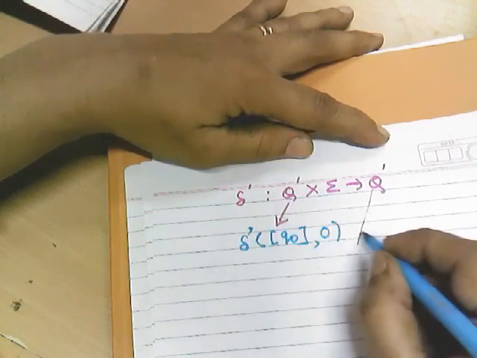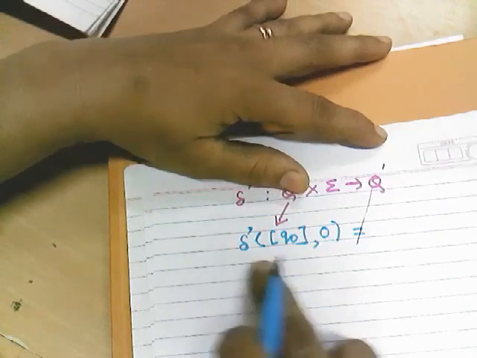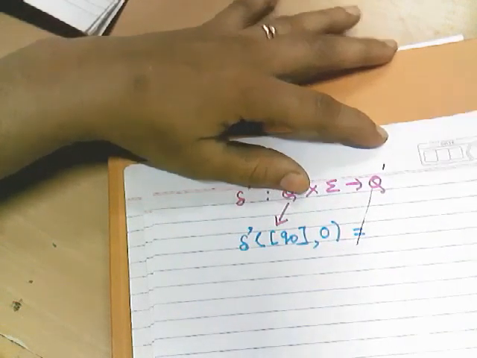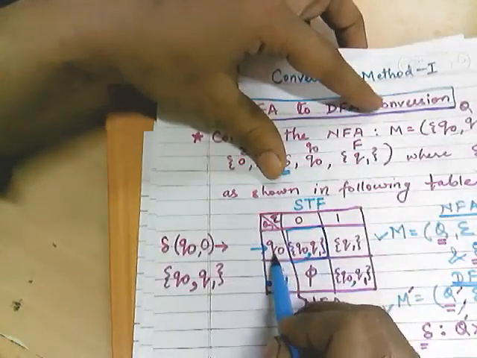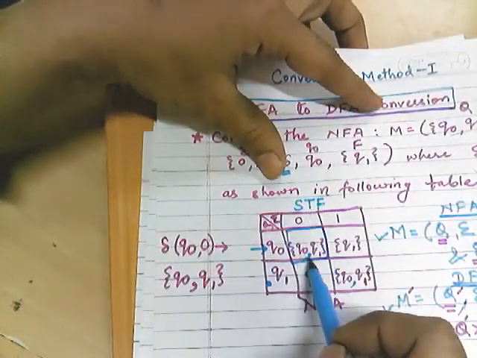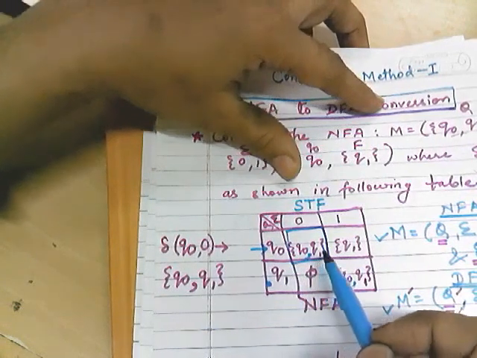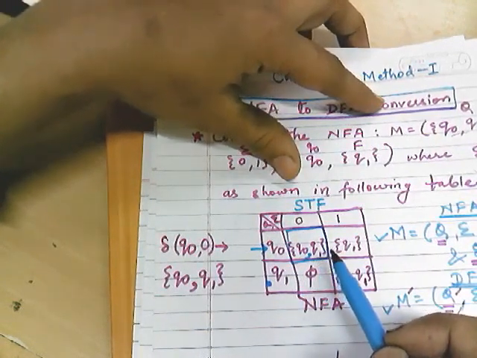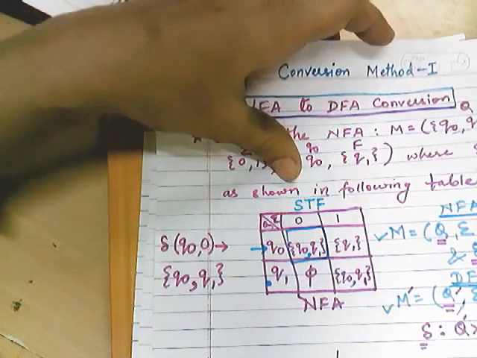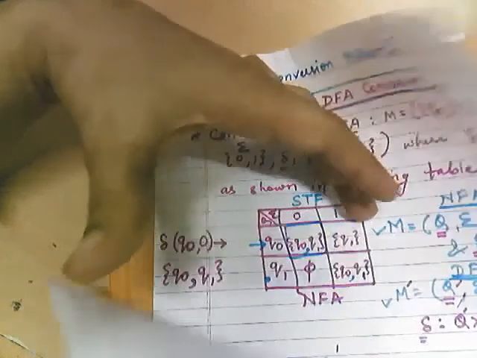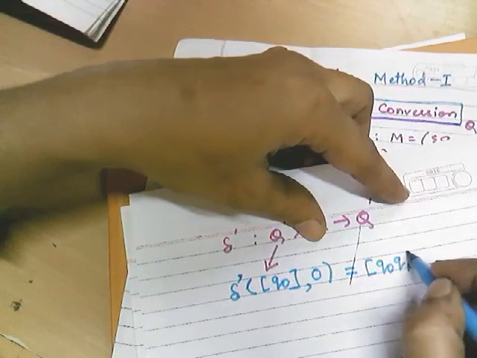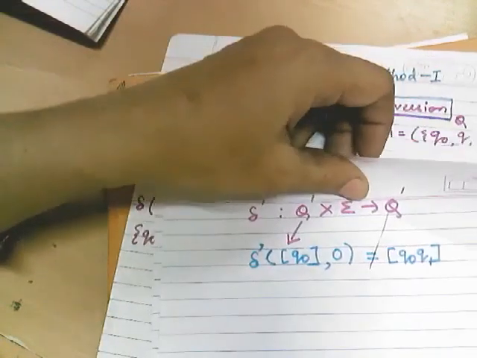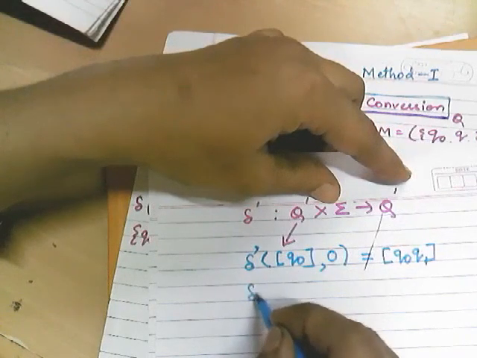Then what will be the next state in the equivalent or converted DFA? So I need to check here what is given: Q0 on 0 moves to Q0 comma Q1. When it is written Q0 comma Q1, that means we have to combine these two states and move to a state that is Q0Q1, simply.